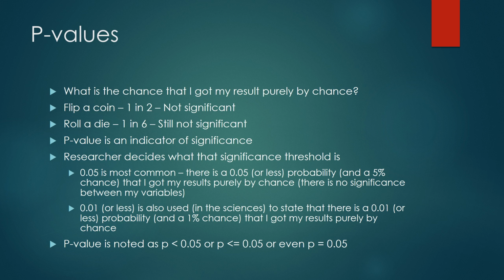Think about running a correlation coefficient, which, as you know, ranges from -1 to +1, with positives being a positive relationship and negatives being a negative relationship between two variables. So imagine that we get a correlation coefficient of 0.8. That means that when one variable goes up, the other one mostly goes up. And that's a pretty strong correlation coefficient, right?